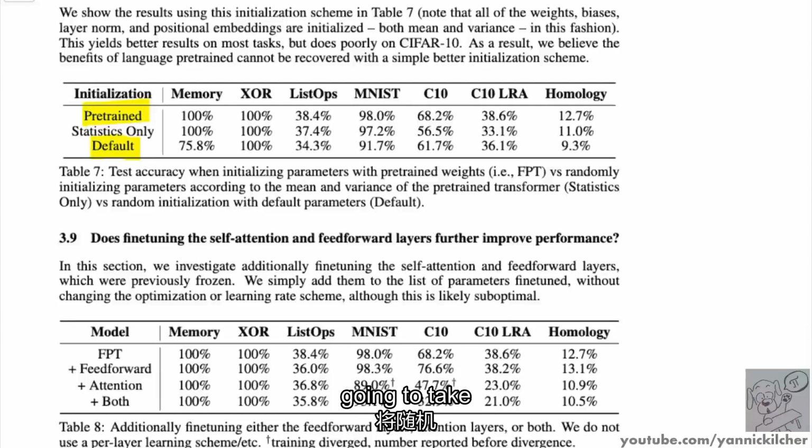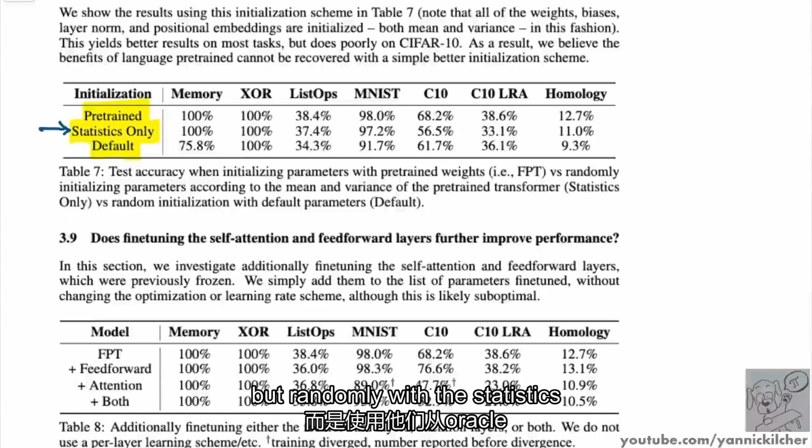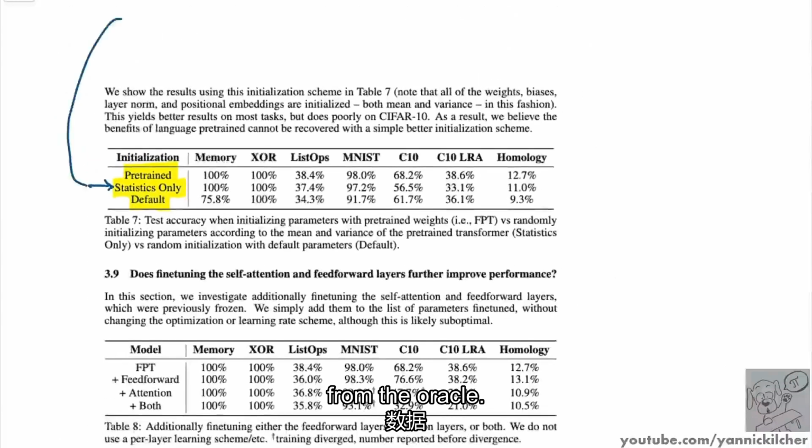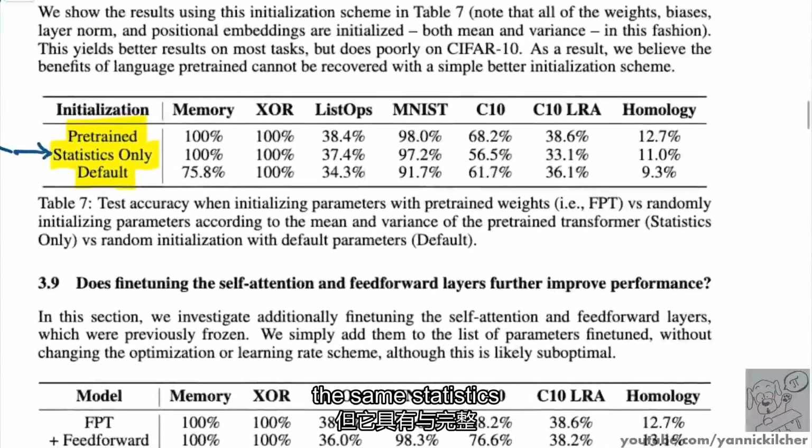And then they're going to take a randomly initialized one, but not randomly with the default randomization, but randomly with the statistics they got from the oracle. So this transformer is going to be randomly initialized, but it has the same statistics as a trained transformer. So the statistics are correct. And that seems to help a little bit, as you can see, but it does not seem to help much. In fact, here it even hurts.